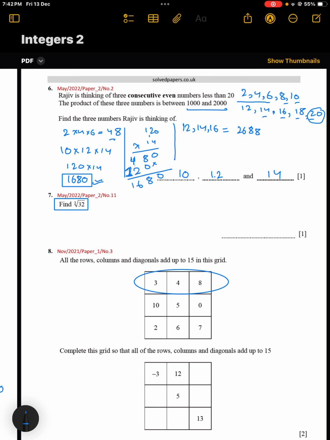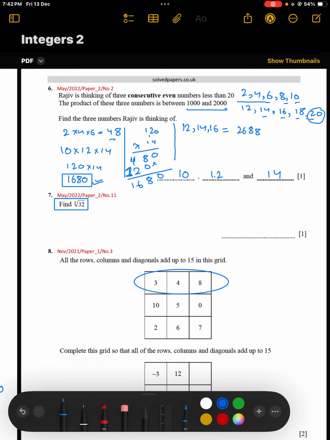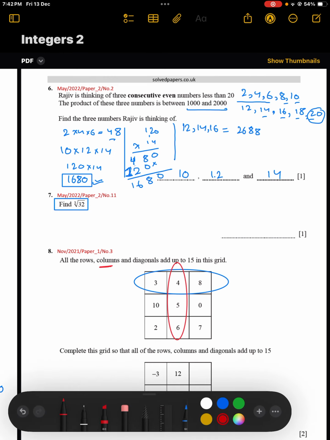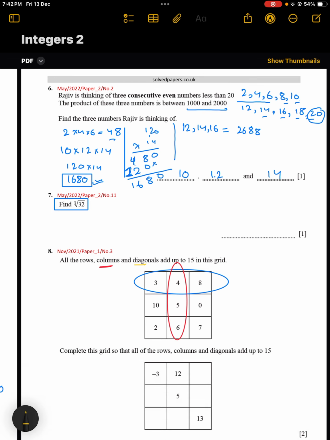While on the other side, the column, I'll use a different color for that, the column is from up to down or down to up. It is vertical, and on the other side, the diagonal is cross sectional wise.